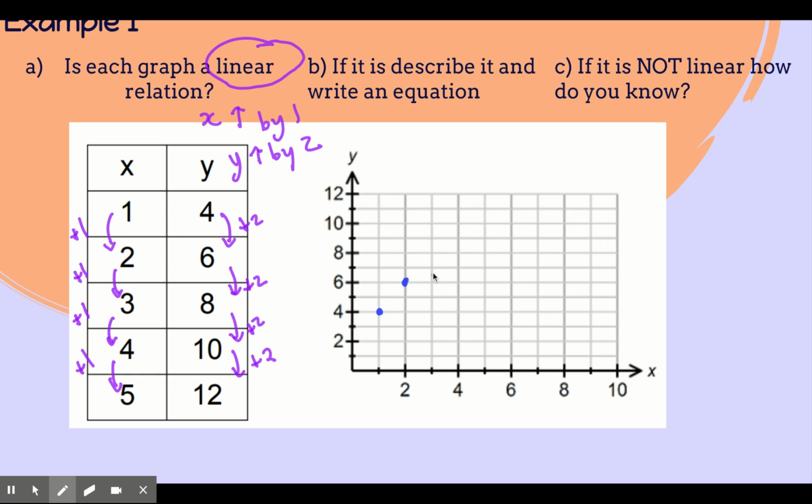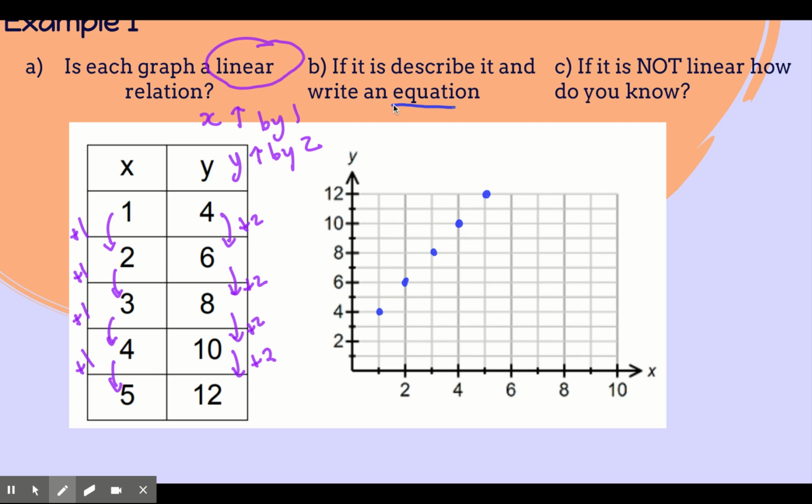So x is 3, y is 8. 4, 10. And 5, 12. You can actually see, if you throw a ruler on there, it makes a nice linear relation.